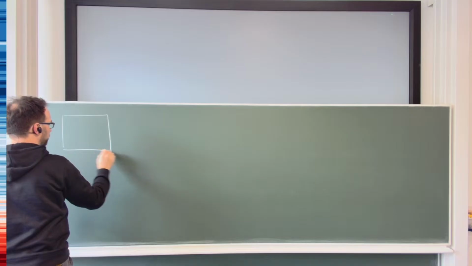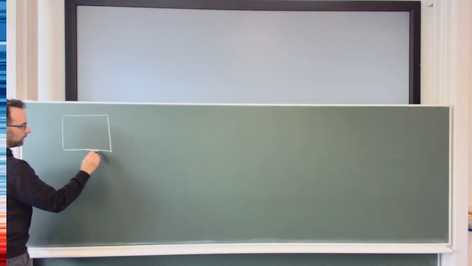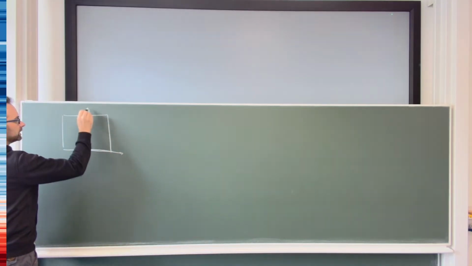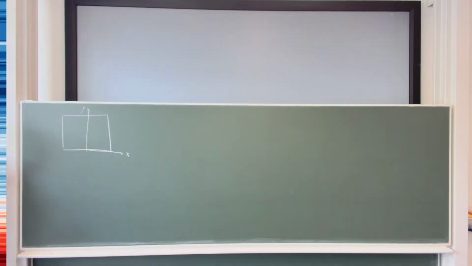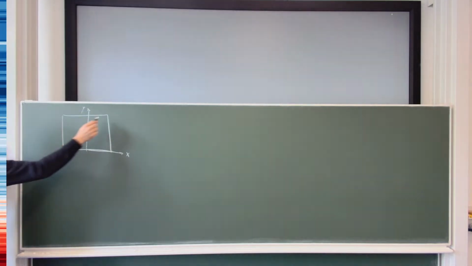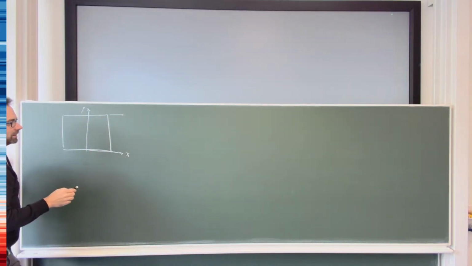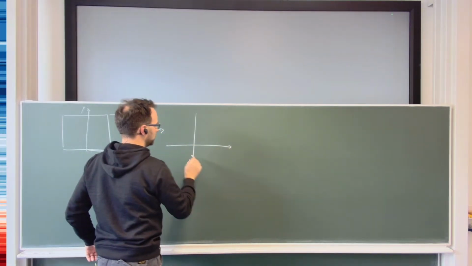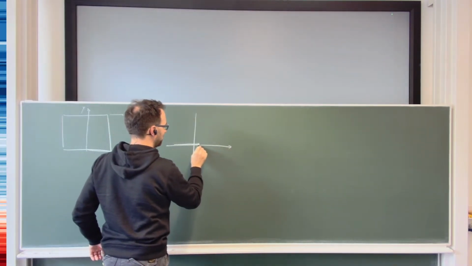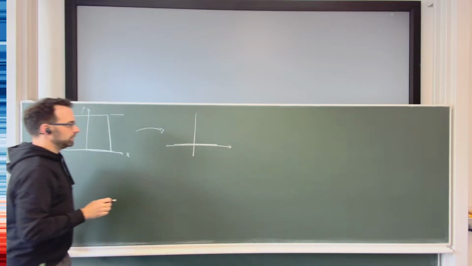Take a rectangle, and let's say that is the coordinate system. So this is x, this is y, you have the rectangle, and you shear it in this direction, and the result will be, again, the coordinate system with the bottom side of the rectangle.